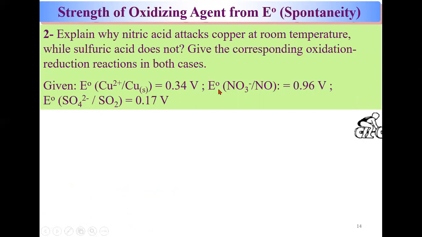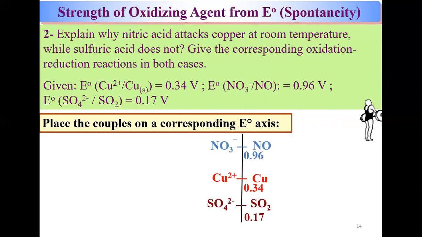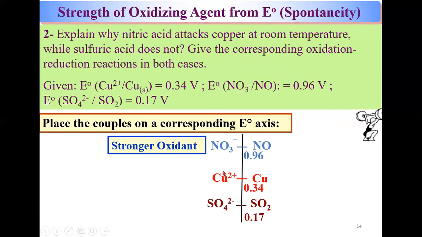They give you the E naughts for all the couples, and we place everything on a corresponding E naught scale and put all the couples that are involved: the NO3-, NO couple, the copper 2+, copper couple, and the sulfate ion, SO2 couple, with their respective E naughts, in increasing order going upwards.